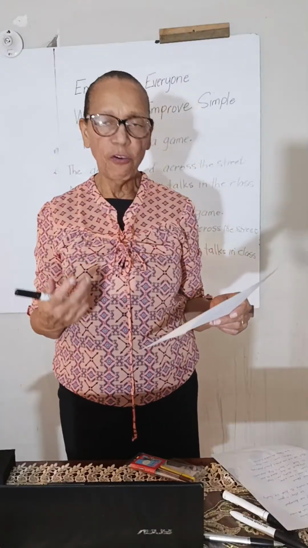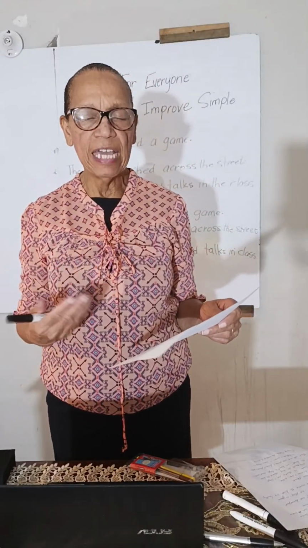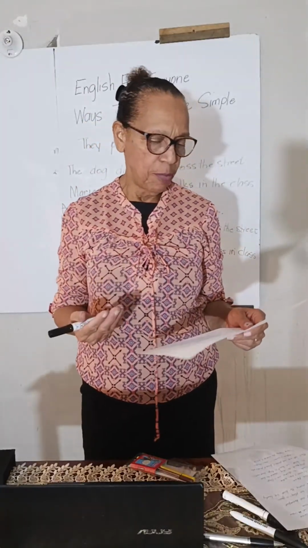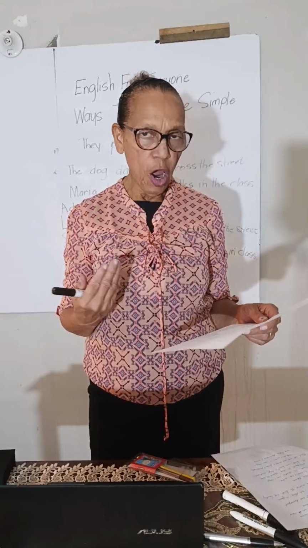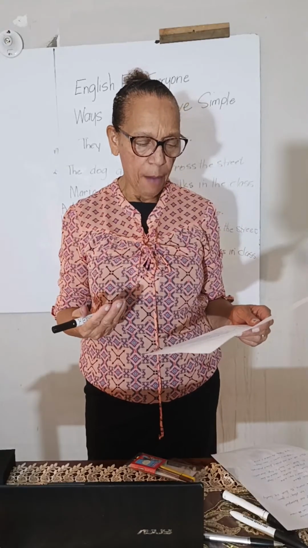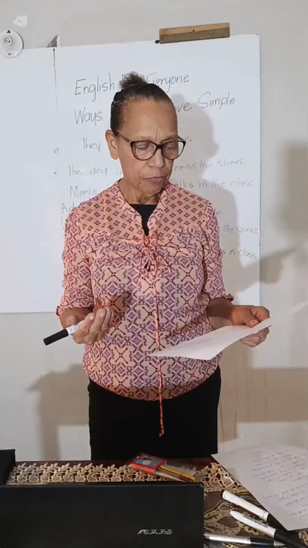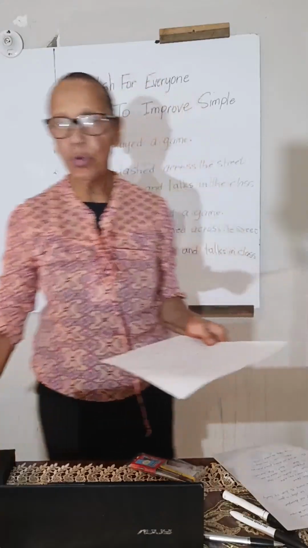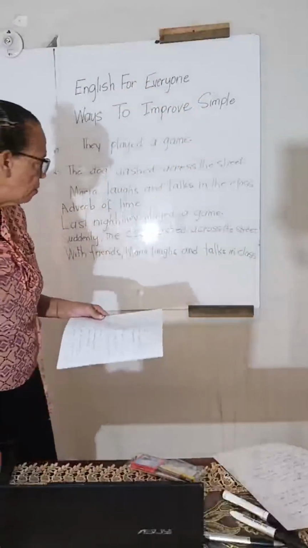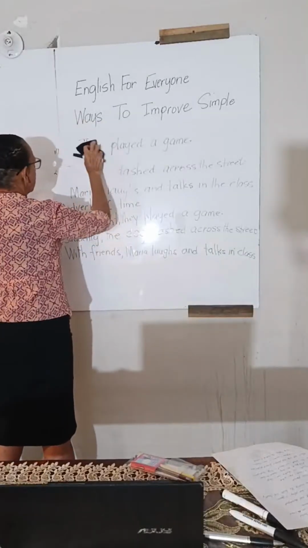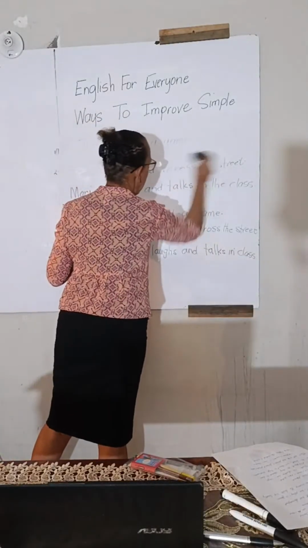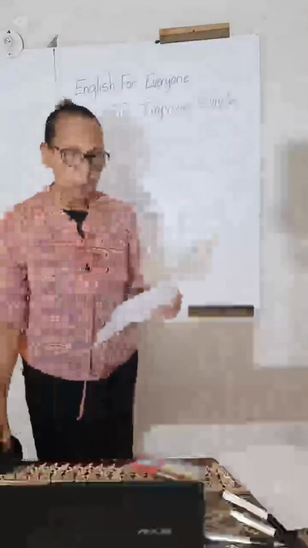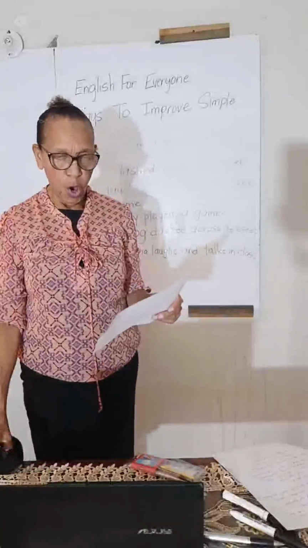Susan stayed quiet for an hour. How could we improve that one with the ing verb? Reading our book, comma. The boys got wet. How could we improve that with an ing verb? Jumping over the puddles, the boys got wet.